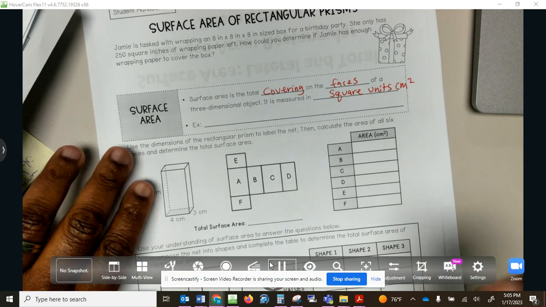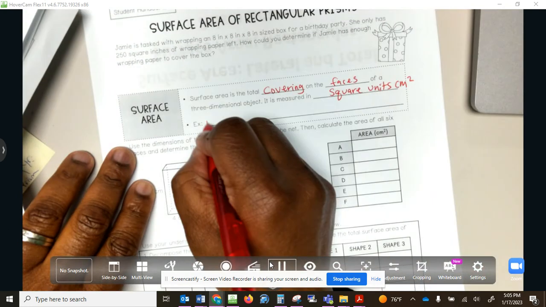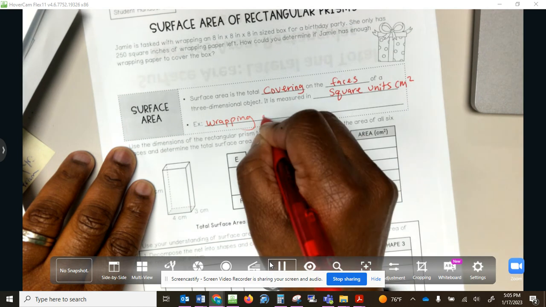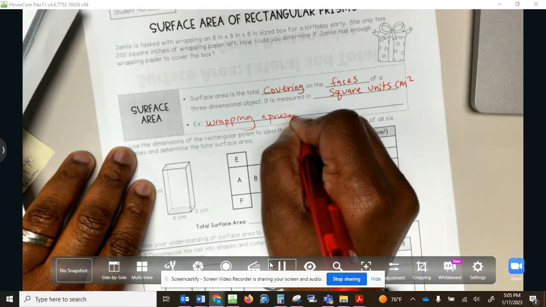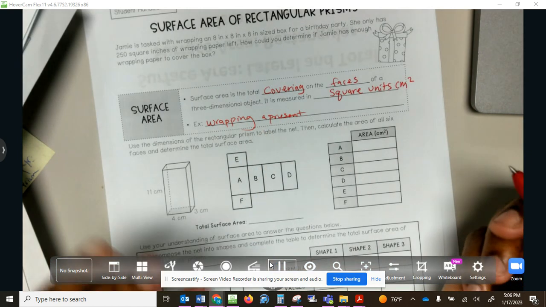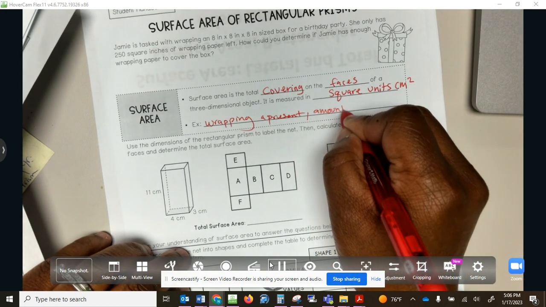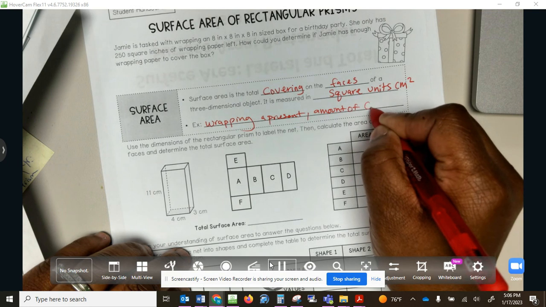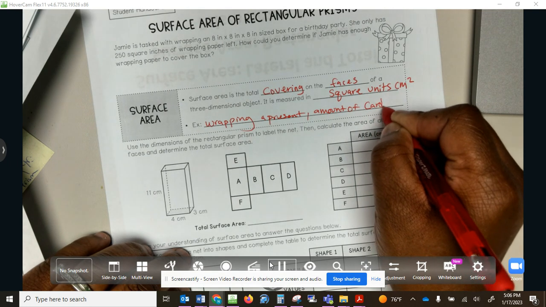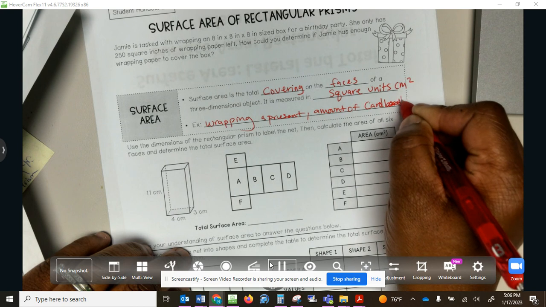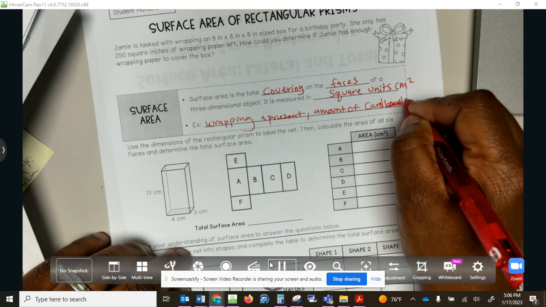Examples of what the surface area will be like wrapping paper, or like when you're wrapping a present. That's the surface area, or the amount of cardboard for a box.